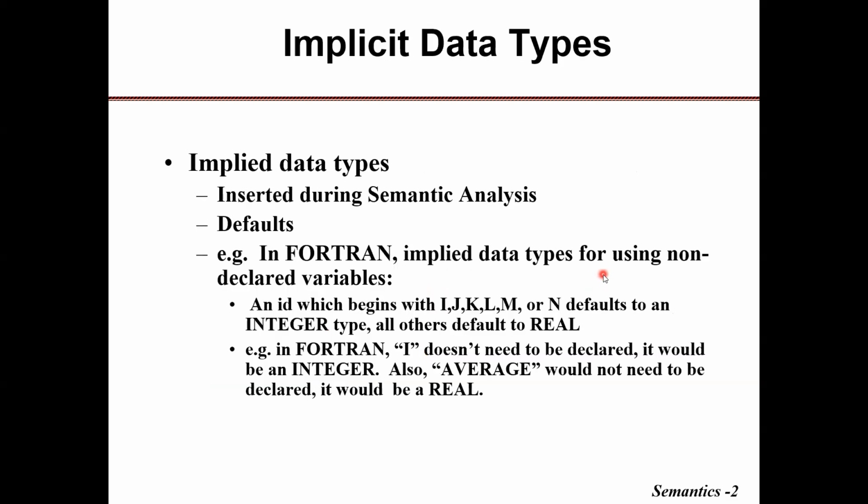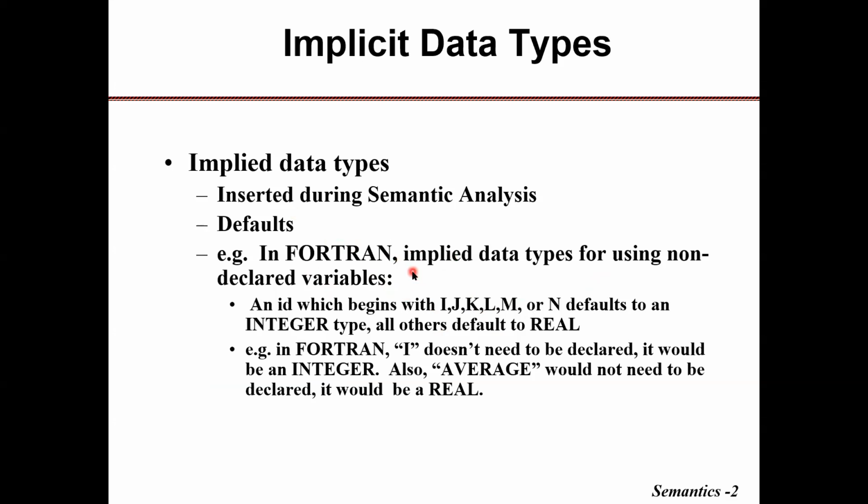All right, so implicit data types. If your language does support implicit data typing, this is where we are going to do it. And I gave an example earlier, but it's probably a while back, so it's worth repeating here that in some languages, Fortran is the most common, but it's not the only language that allows for implicit data typing.